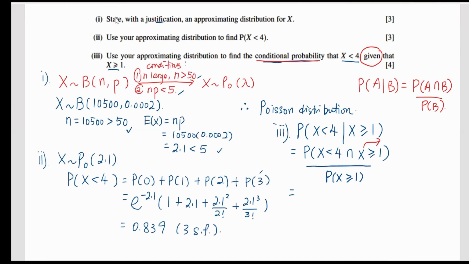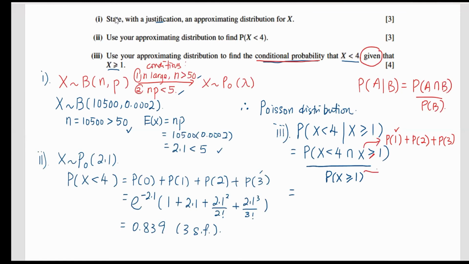We need X less than 4 and at the same time X has to be greater than or equal to 1. So we are going to find the probability that X equals 1, or X equals 2, or X equals 3. X is greater than or equal to 1, that's why 1 is included, but X is less than 4, so we do not consider 4. That is the probability we need to find for the numerator.